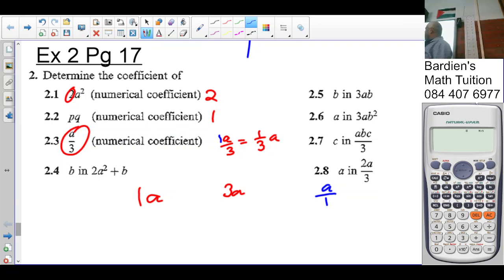So if I put that a over 1, 1 times a is a, 1 times 3 is 3. Can you see that, people? So if the variable is written next to the fraction, it belongs to the numerator. Are you all okay with that? So the numerical coefficient of a over 3 is 1 over 3.